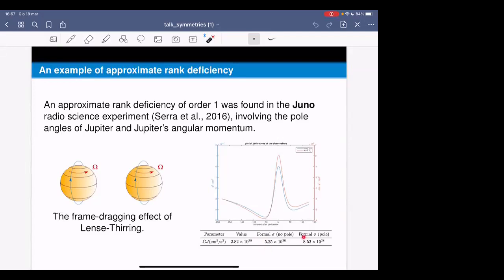But then you see, if we included the pole angles, then the uncertainty went up by two orders of magnitude. So this was the effect of the very small eigenvalue of the matrix C, of the normal matrix of the fit.